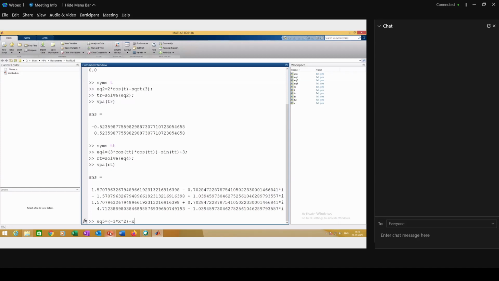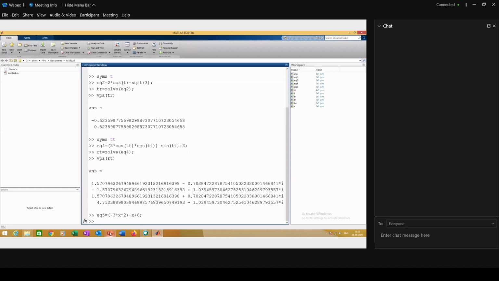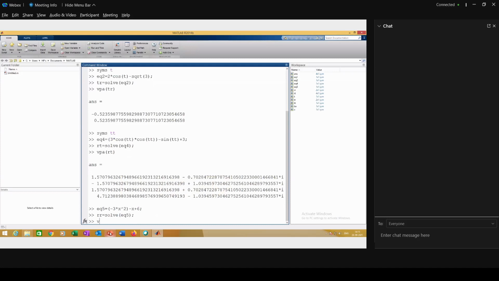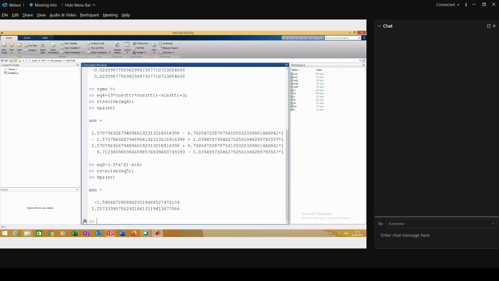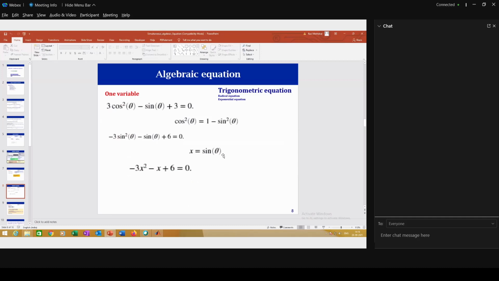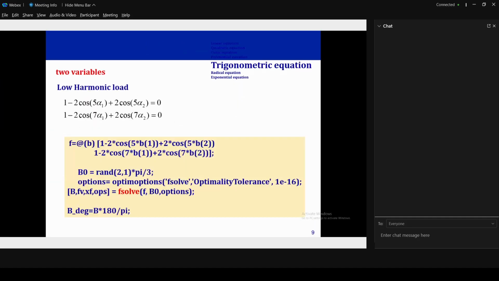This is my equation, and then I can solve EQ5. That's what I got, x is equal to. But in my modification x is equal to sine of theta, so I need to find the inverse of this sine, arcsine, and then I will get theta. In the earlier equation, I can directly get theta. So this is the way I can solve these equations.